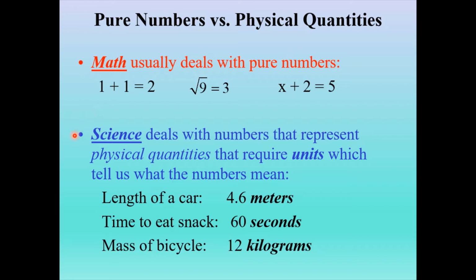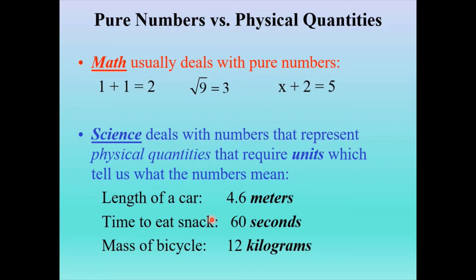What we're dealing with in this class is physical science, which deals with numbers that represent physical quantities that require units, which tell us what the numbers mean. So for example, if someone asks you, what is the length of your car? And you tell them 4.6, well, that's meaningless because 4.6 what? 4.6 inches, 4.6 miles?